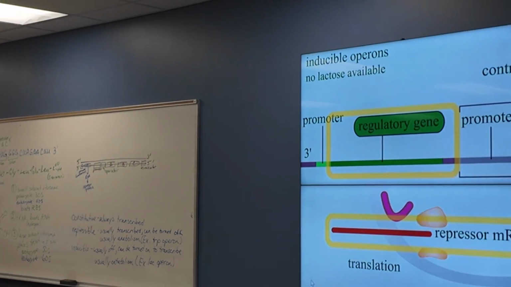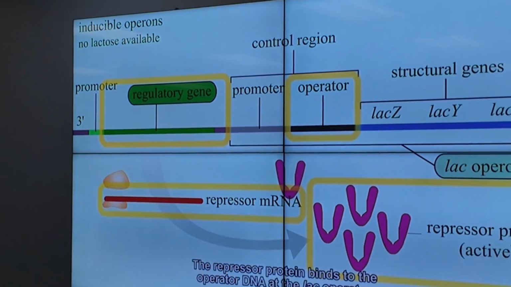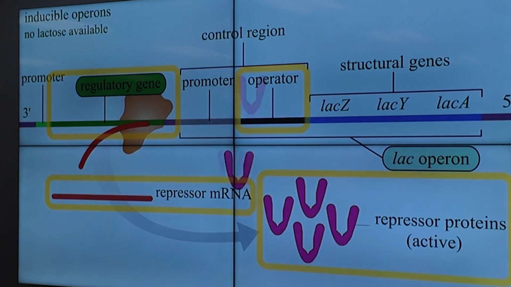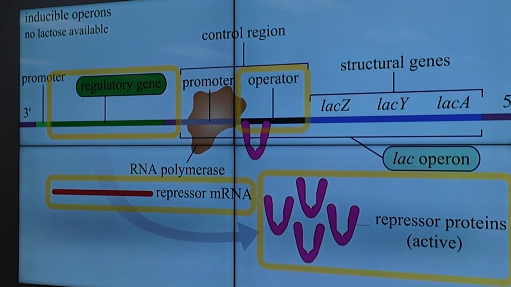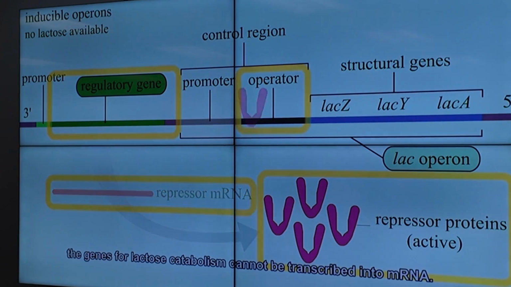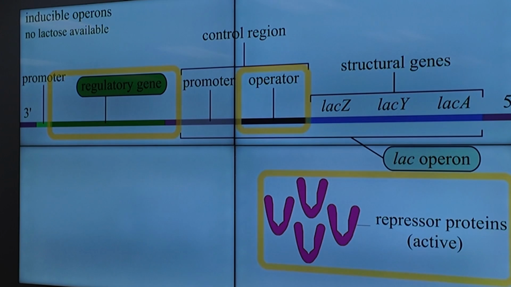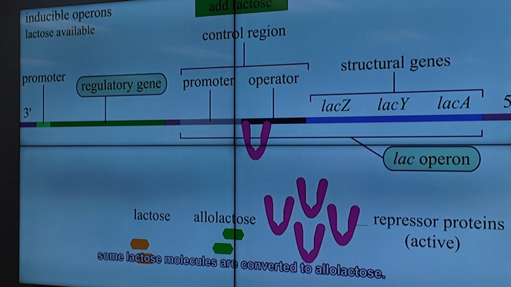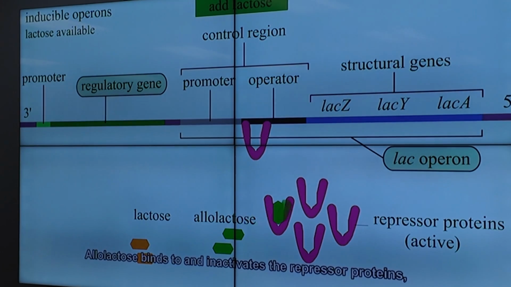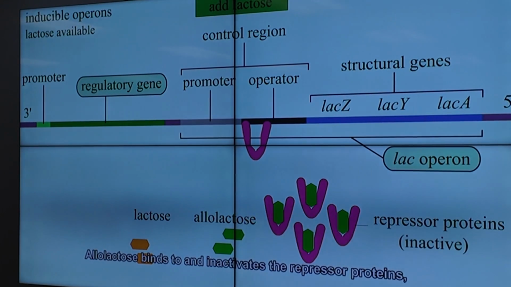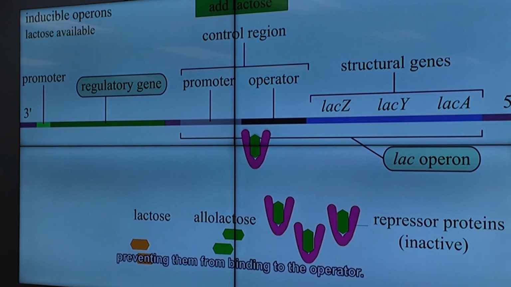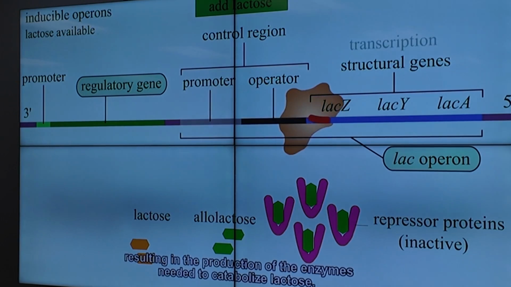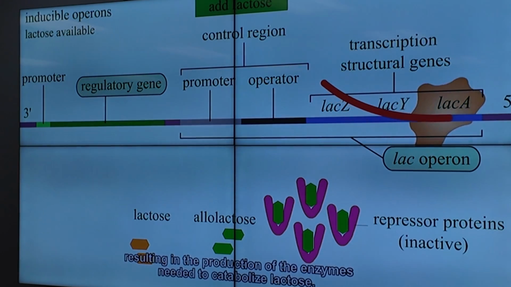The repressor protein binds to the operator DNA of the lac operon, physically preventing RNA polymerase from moving beyond the promoter. When a repressor protein is bound, the genes for lactose catabolism cannot be transcribed into mRNA. When lactose is present in the cell, some lactose molecules are converted to allolactose. Allolactose binds to and inactivates the repressor proteins, preventing them from binding to the operator. The structural genes are transcribed, resulting in the production of the enzymes needed to catabolize lactose.